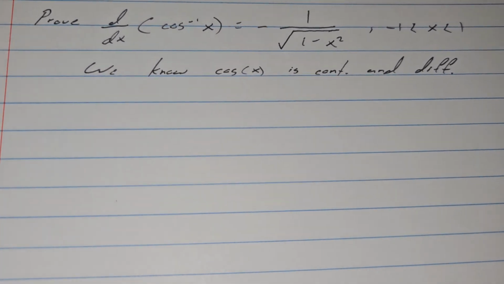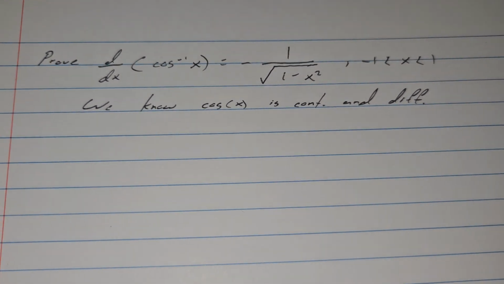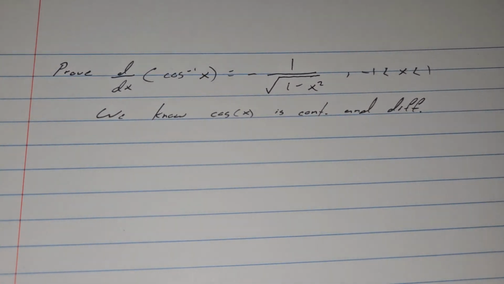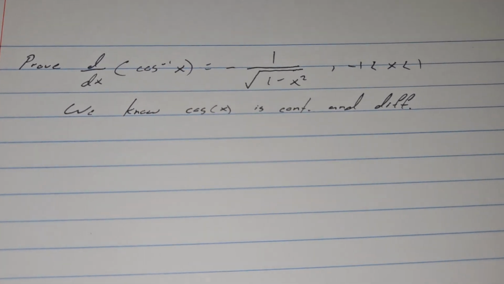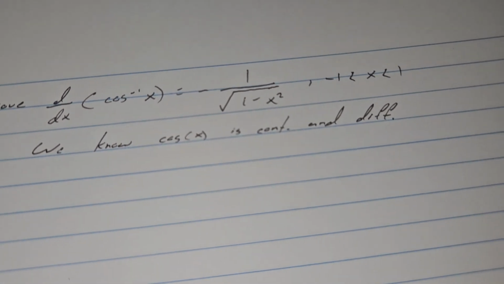So given that it's continuous and differentiable, when you restrict the domain of cosine, we're not really going to go into too much restriction of the domain, but when you restrict the domain, we get a one-to-one function. So when the domain is restricted, cosine inverse exists.